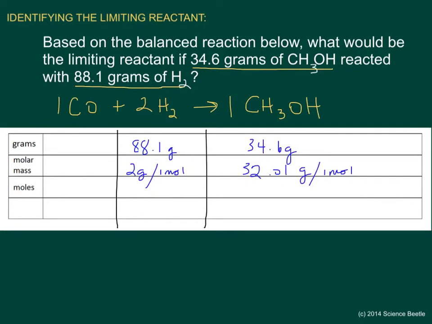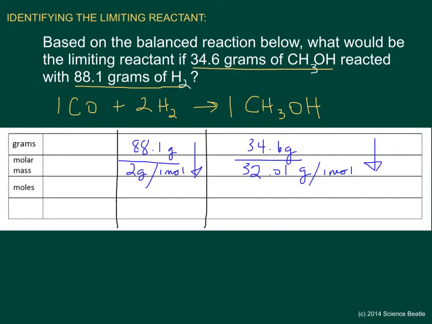Next thing I need to do is find the moles. In order to find the moles, I need to divide the grams by the molar mass, and since the table's already set up this way, all I really need to do is divide going down. If I were going up and trying to find grams, I would do the opposite and multiply. But since I'm moving in a downward direction, I'm going to divide.